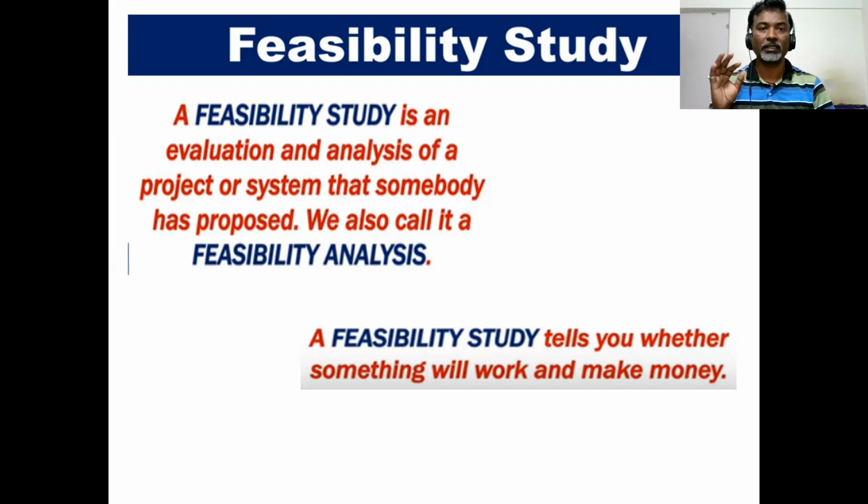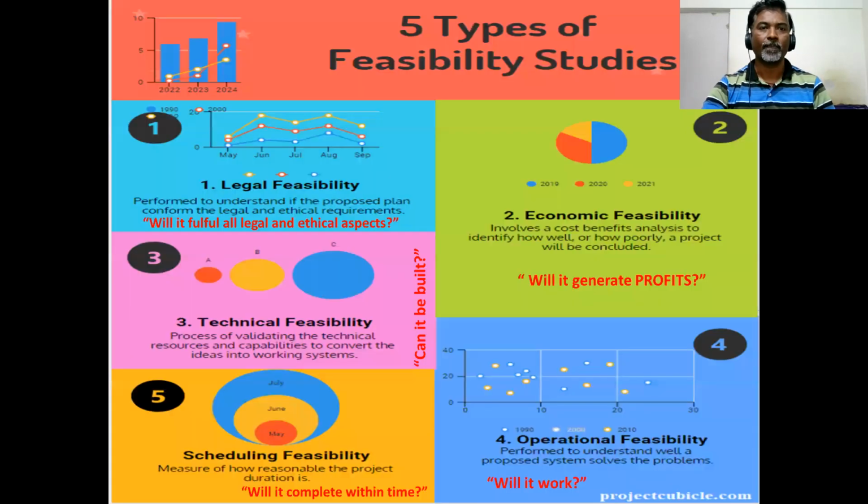This is also one of the key aspects of a project manager. Basically, there are 5 types of feasibility study in software project management or software project development. What are those 5 types? Legal feasibility, economic feasibility, technical feasibility, operational feasibility, and schedule feasibility.